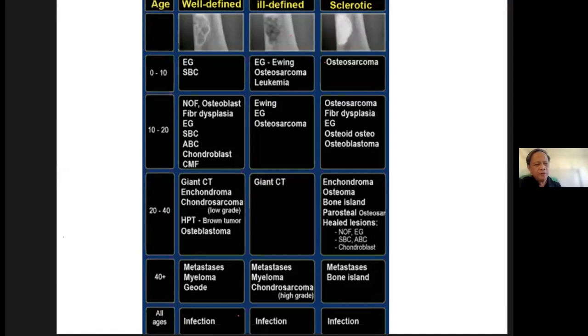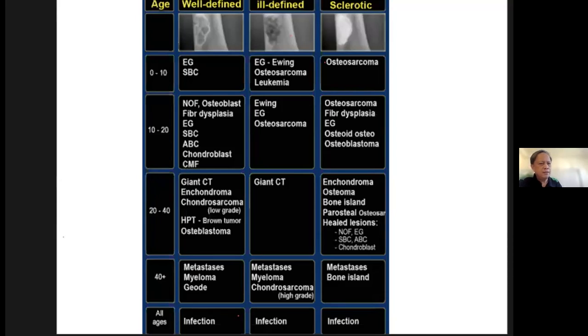So you're confused about differentiating between giant cell tumor and aneurysmal bone cyst.